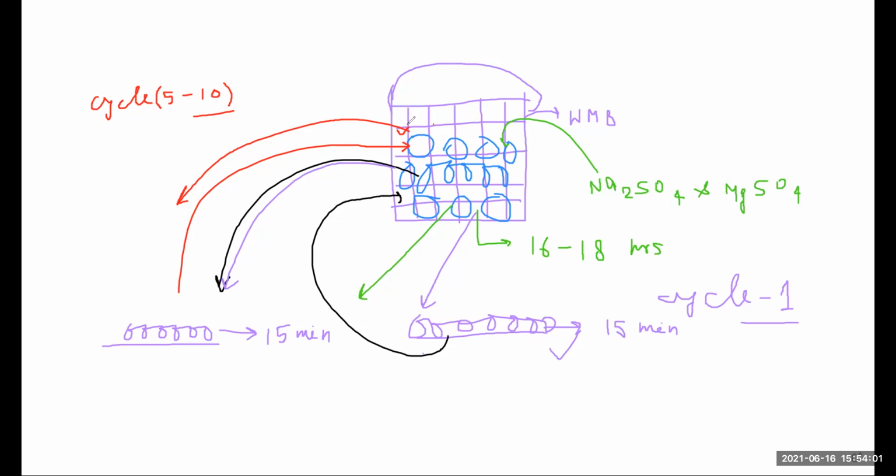Then sieve all the dried sample and separate different size fractions using sieves of size 63 mm, 40 mm, 20 mm, 10 mm, 4.75 mm. Then the sample should be of such an amount that it will not be less than the amount which I already discussed. That means if your size is 10 mm to 4.75 mm, then it should be 300 gram.